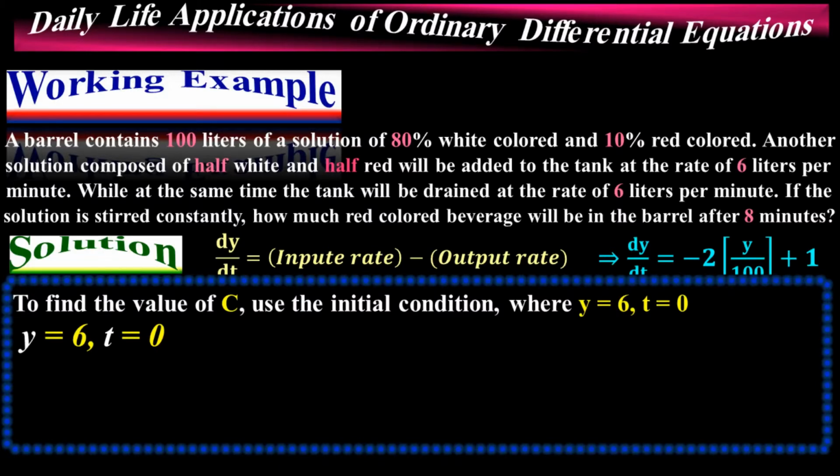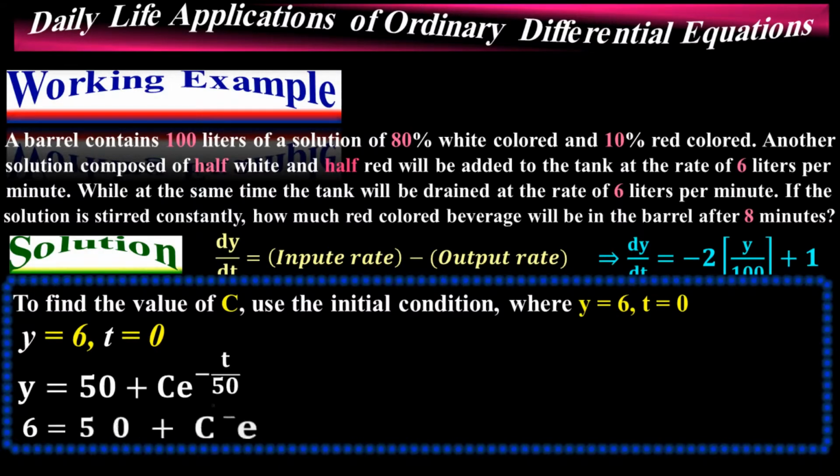Just substitute the values of y and t in this equation to have 6 equals 50 plus c times e to the minus 0 over 50. We just substituted the values 6 and 0 in this equation. Simplify the equation further, you will get c equals minus 44. This is my arbitrary constant value, minus 44.